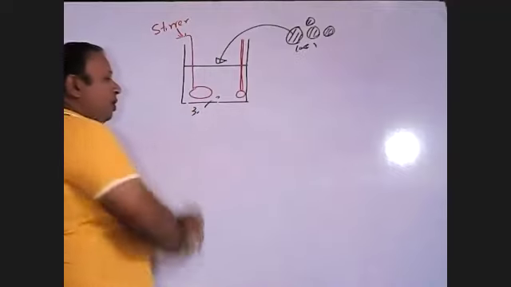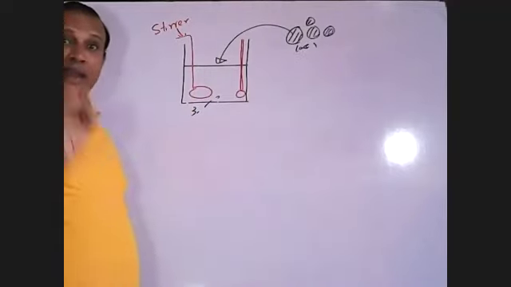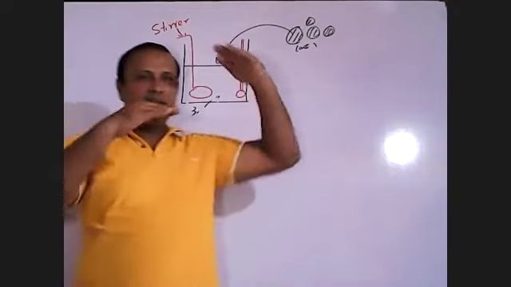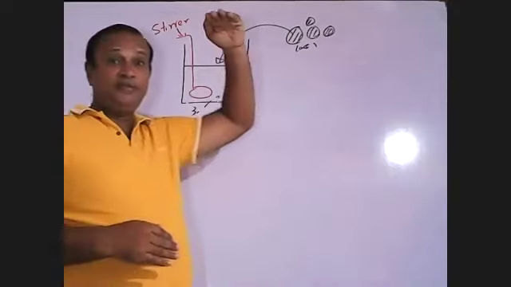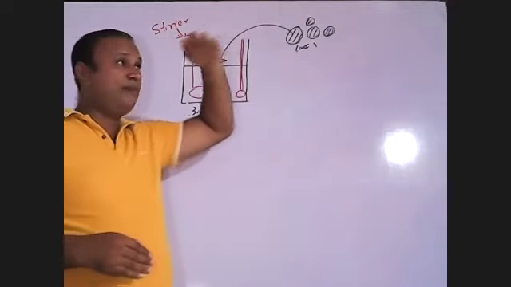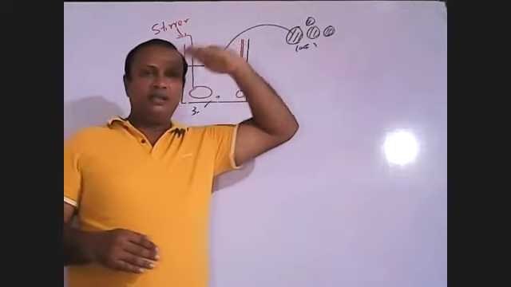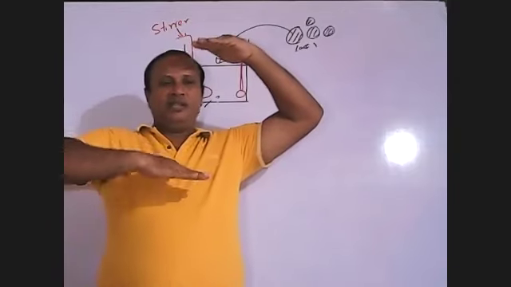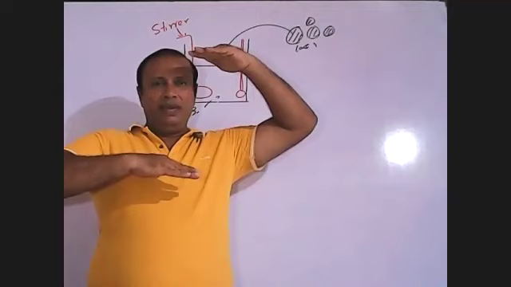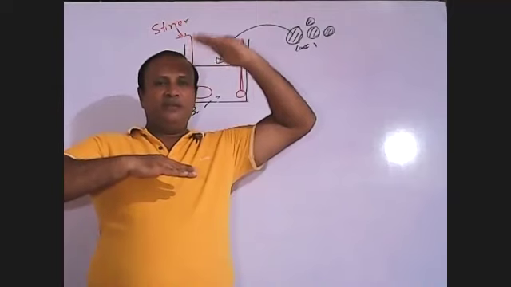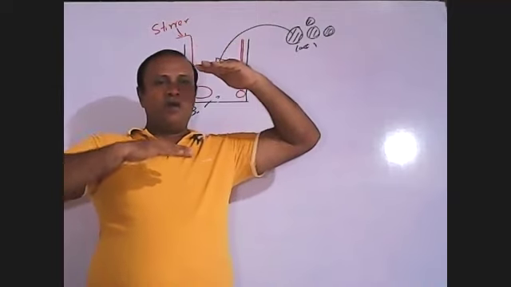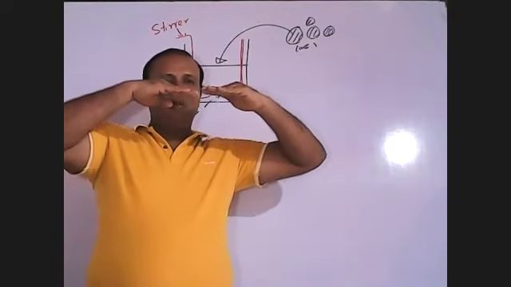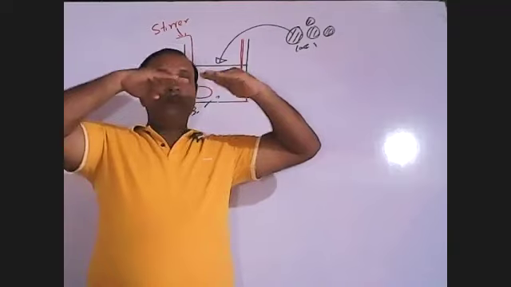So you have to get the maximum temperature of the water. Look at this one again. Initially the temperature of the metal ball was at this level. The temperature of the water system was at this level. Once they are mixed, the temperature of the metal ball goes down, the temperature of water goes up, goes down, goes up, goes down, goes up, then comes to a point.